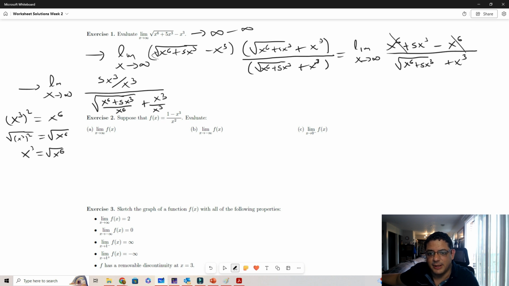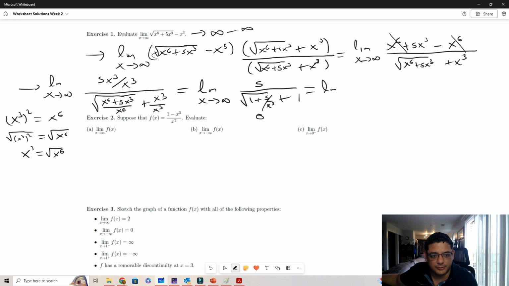Now I can take the limit when x goes to infinity, and because I'm dividing, this becomes a 5. This one in here becomes the root of 1 plus 5 over x to the 3, and then this becomes 1. Notice that when x goes to infinity, this term goes to 0.